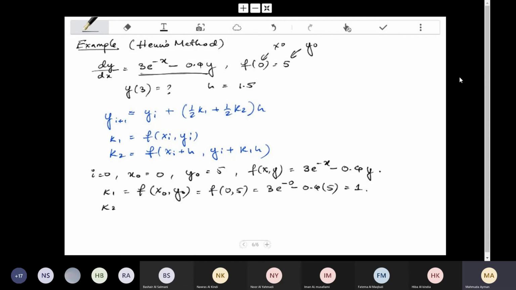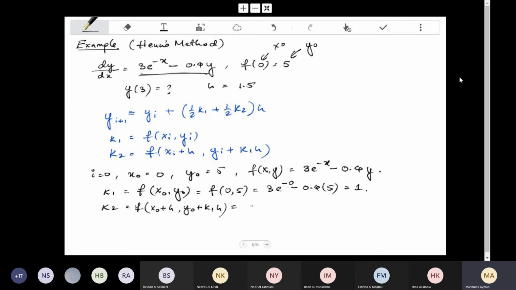Now trying to find out k2, you have the function at the point x0 plus h, comma y0 plus k1 times h.